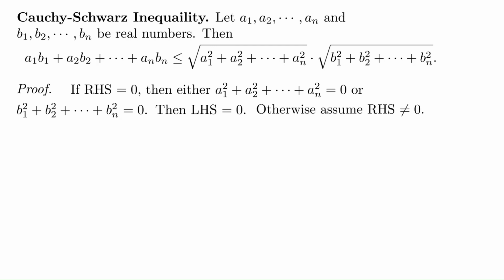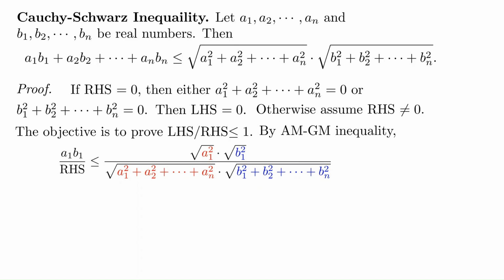So from now on, we simply assume the right-hand side is not 0. Then it must be positive. So the objective is to prove the left-hand side divided by the right-hand side is less than or equal to 1.